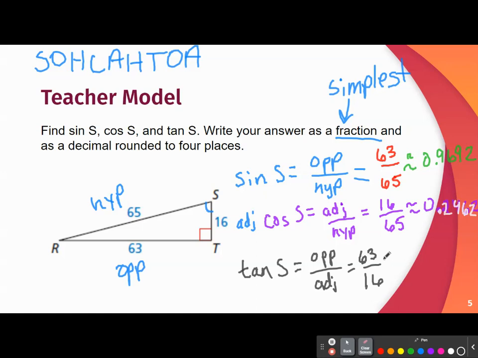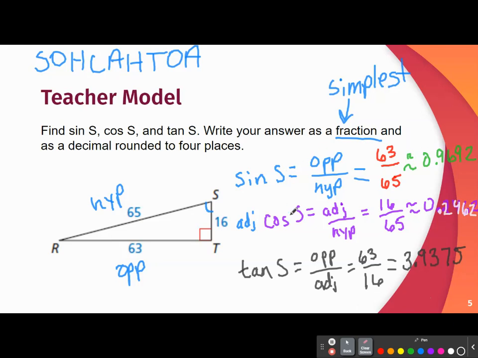No, it does not. And if I change that to a decimal, I get approximately 3.9375. And that's not approximately, that's actually equal to, because I did not have to do any rounding. And there you go.